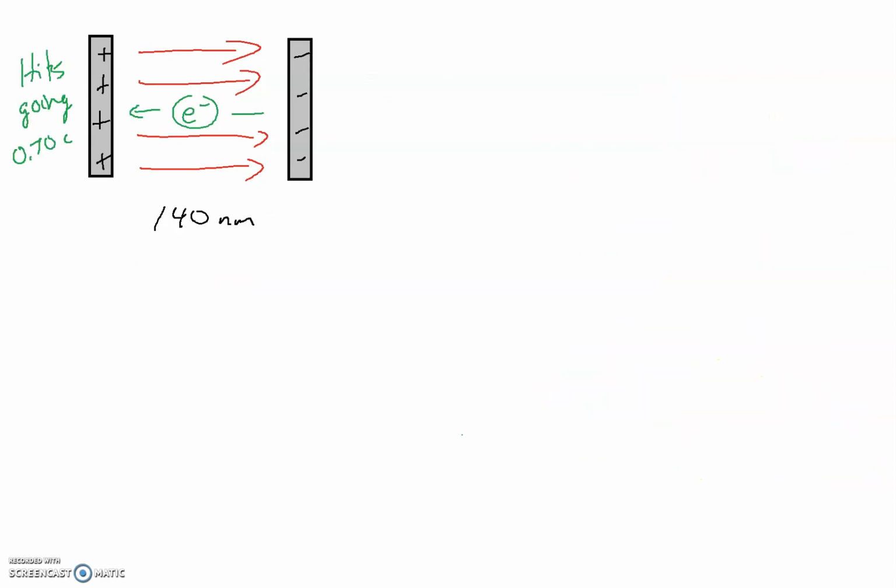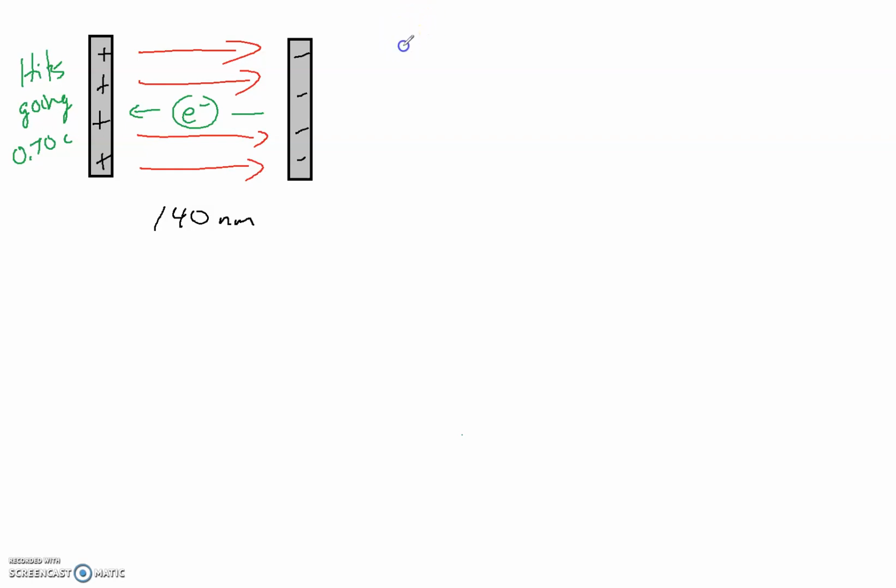Okay, so here we have another scenario. This time we're going to use an electron, and the electron would go against the field, and it's between two plates 140 nanometers apart, and it hits going 0.70 c. Now, a lot of these particles go so fast, it's really common to compare their speed to the speed of light, which is what the little tiny c means.